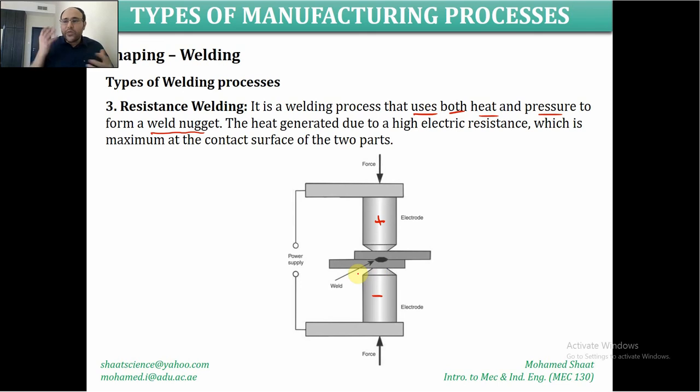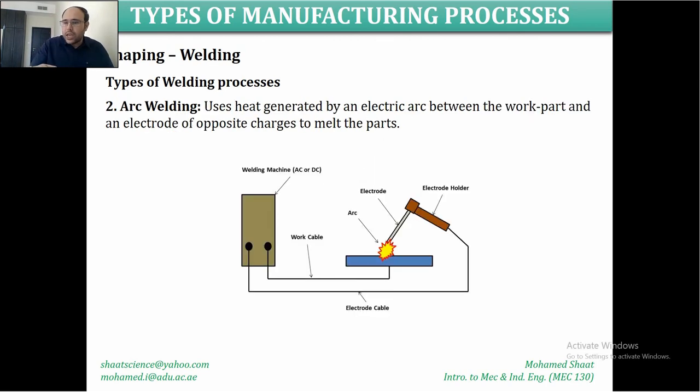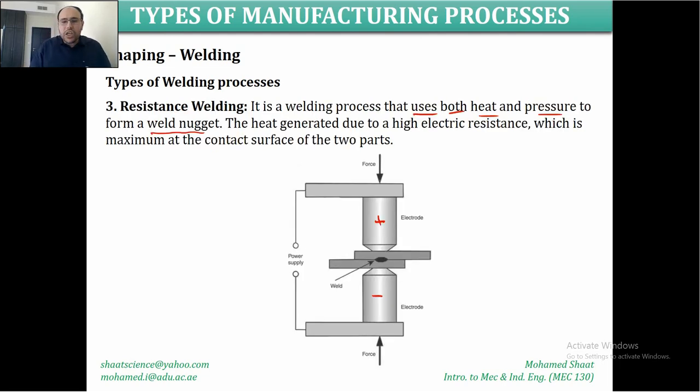So it is a different concept, a different theory or approach of welding that depends on the resistance more than on the ease of allowing electricity. In arc welding, as we allow more electricity to go, we are going to generate more heat. But here, as we resist the electricity to flow, this will produce more heat. So this depends on the resistance.